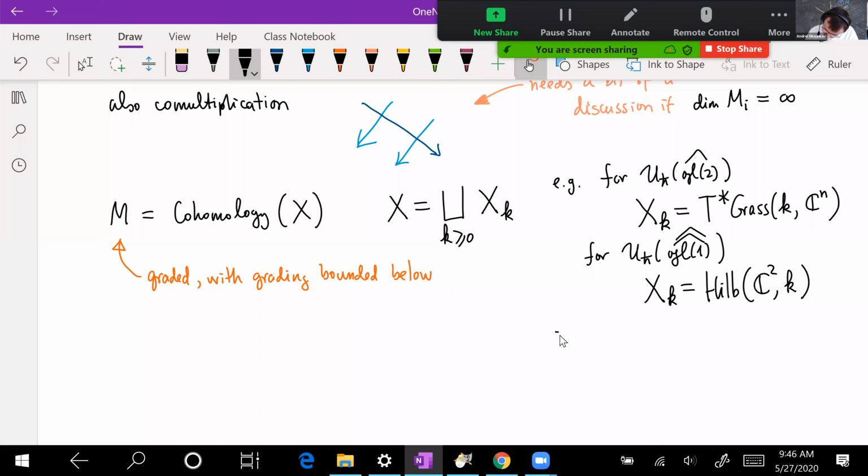This means ideals in the ring of polynomials of two variables, of finite codimension, and in fact codimension k. Again, that codimension has to be non-negative.